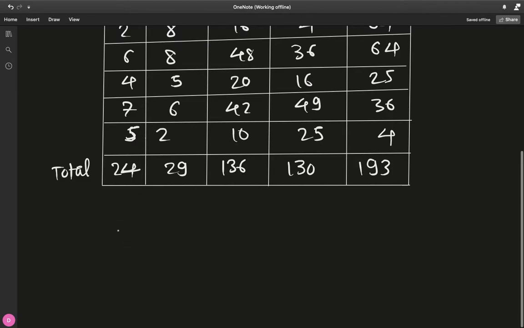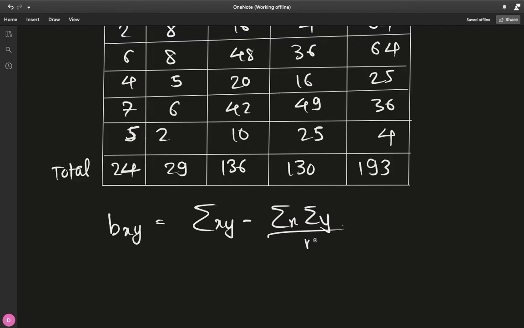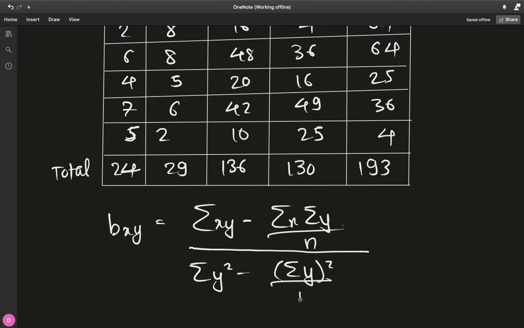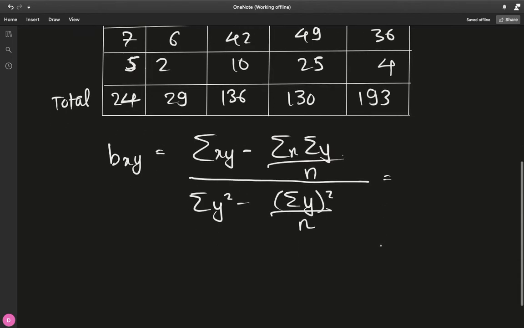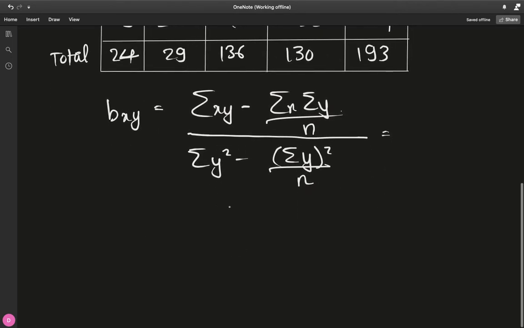Okay, so let me calculate bxy first. So the formula for that is sum of xy minus sum of x times sum of y over a number of terms divided by sum of y squared minus sum of y the whole thing squared over n. And yeah, let me do that down.